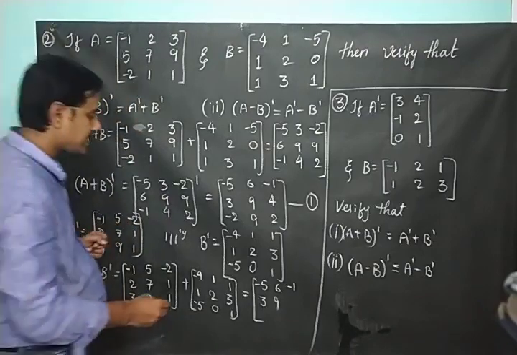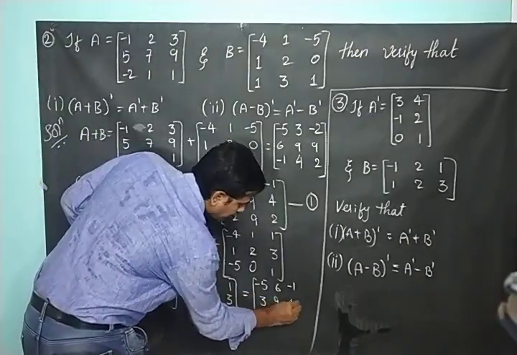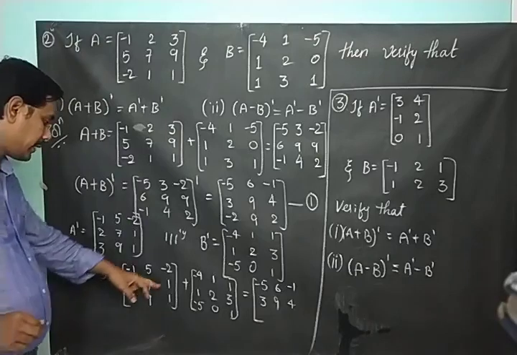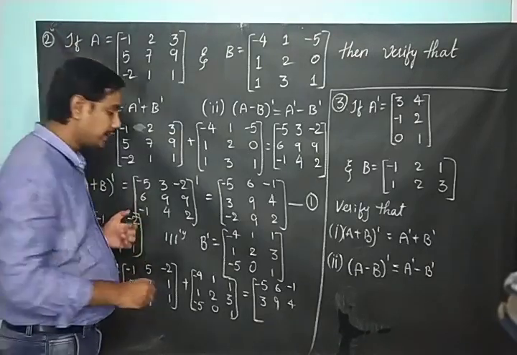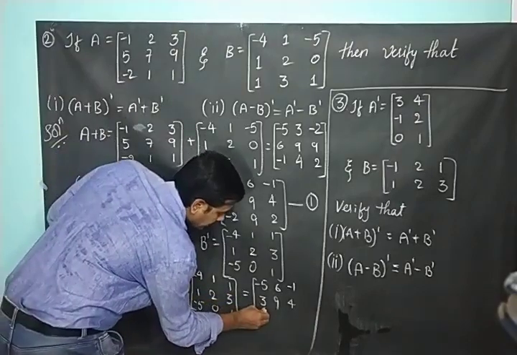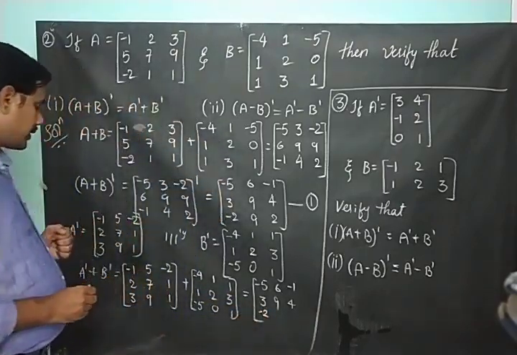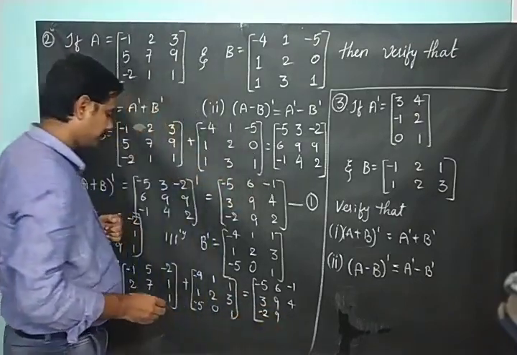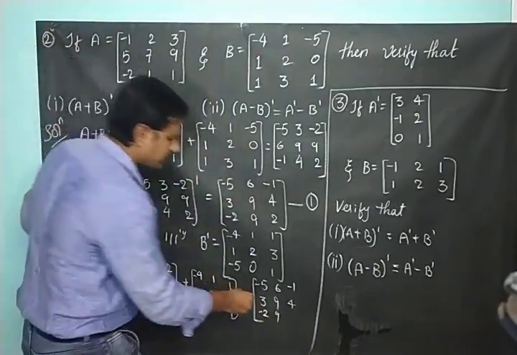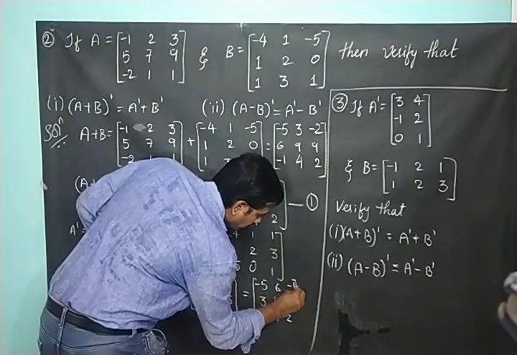And 1 plus 3 is 4. Then 3 plus minus 5, 3 minus 5, that is minus 2. Then 9 plus 0, 9. Then 1 plus 1 is 2.